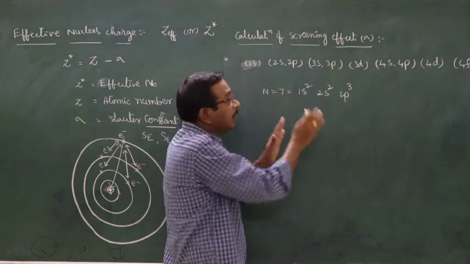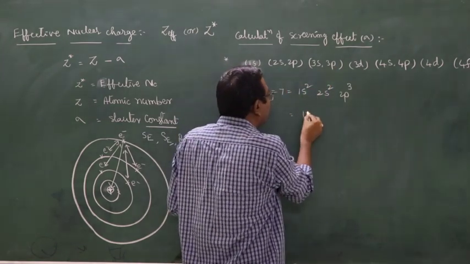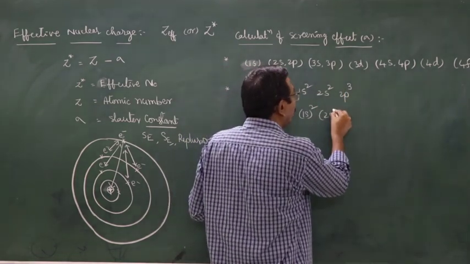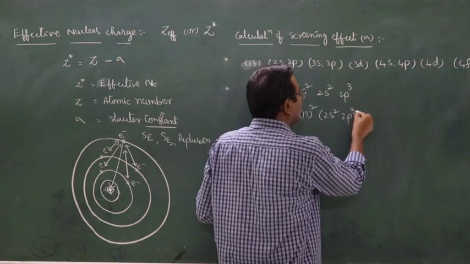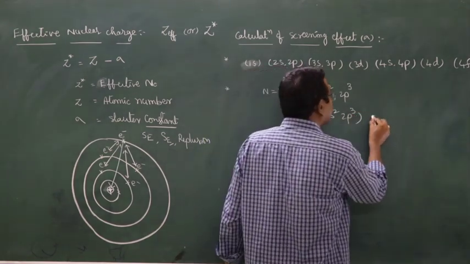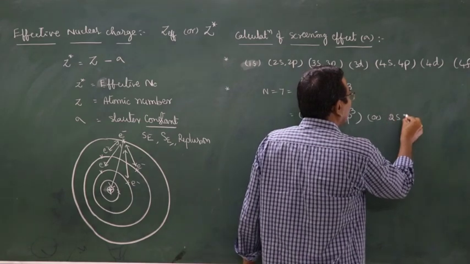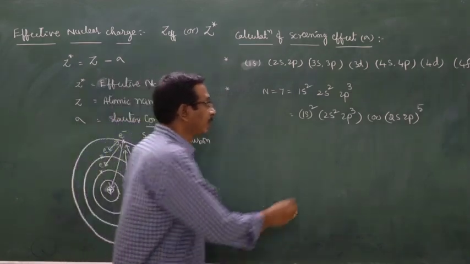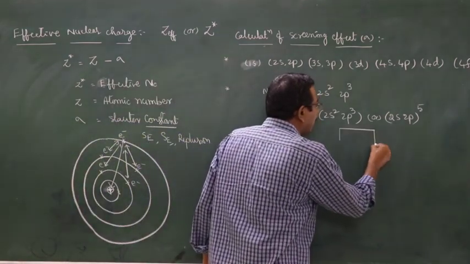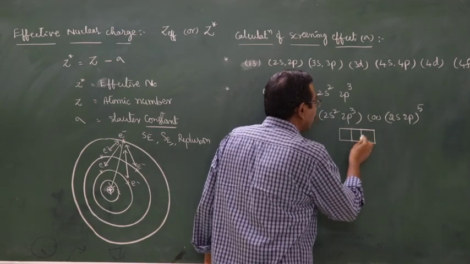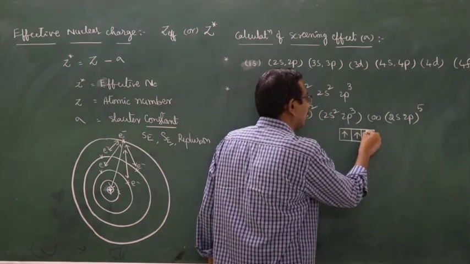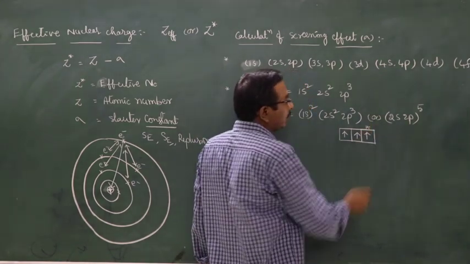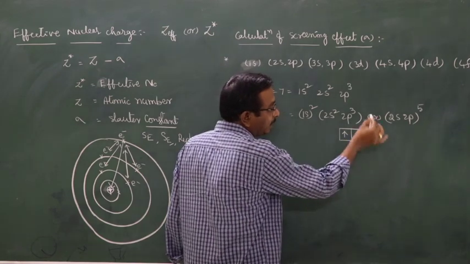This is the actual configuration, but according to Slater configuration that can be represented as 1s2 and 2s2, 2p3, or in some cases as 2s, 2p taken 5, no problem. Now, in this p orbital, there are 2 electrons present. Now, I would like to calculate the effective nuclear charge on this electron.